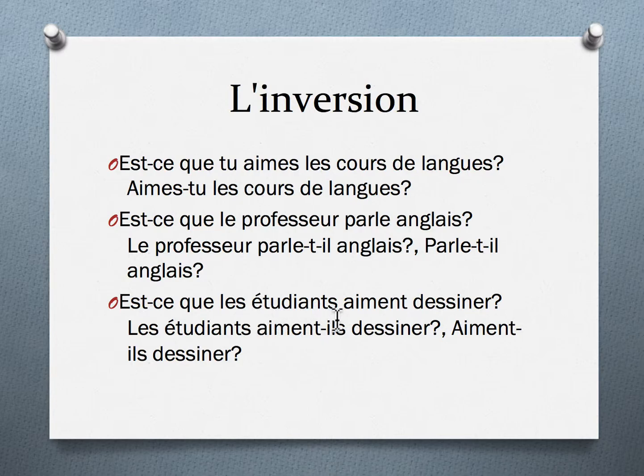These étudiants is plural because it has an S at the end, and they are boys. It's masculine plural because it doesn't have ES, it's only S. So, inversion, les étudiants aiment-ils dessiner? First the noun, les étudiants, then the inversion. Aiment-ils dessiner? Or, aime-t-il dessiner?